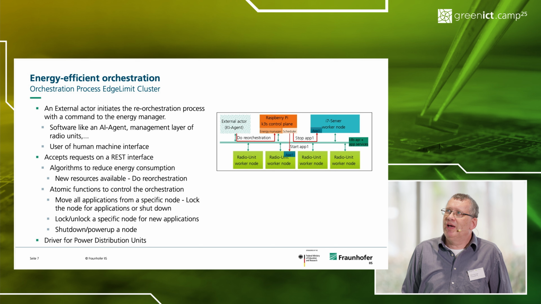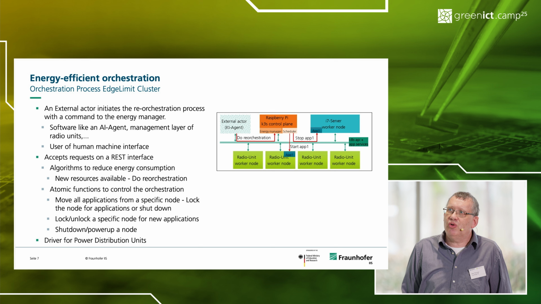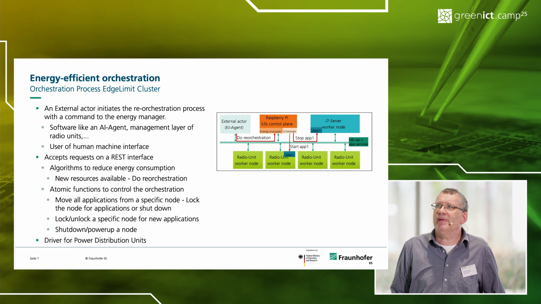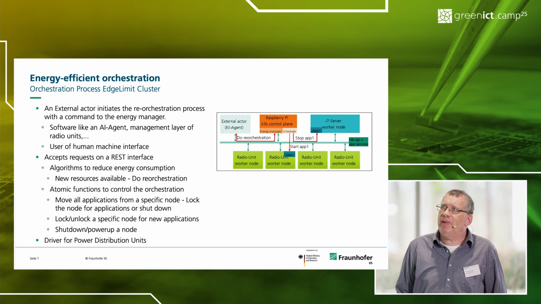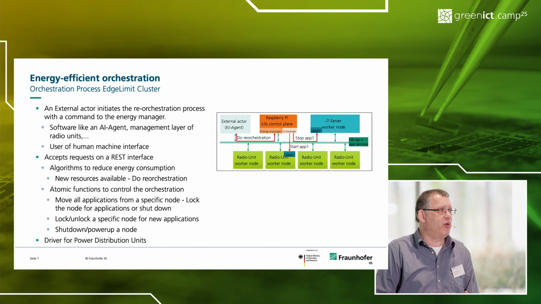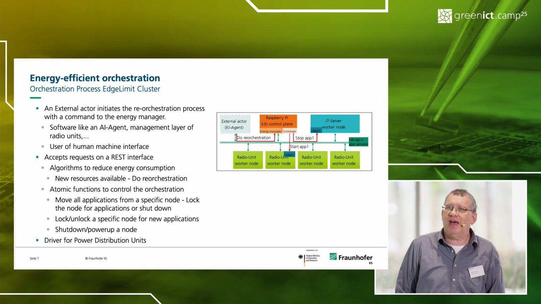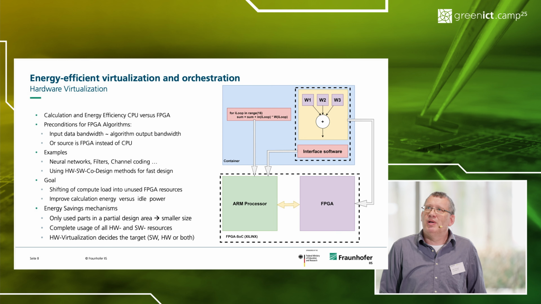So if we have an application running on the i7 server, then the first task is to start the same application on the radio unit, then to move the internal state of the data, for example, from the application on the Intel server to the worker node, and then to stop the application. And this is the process of moving one application from one node to the other node.